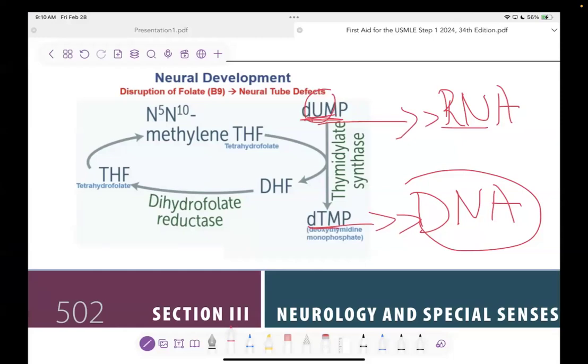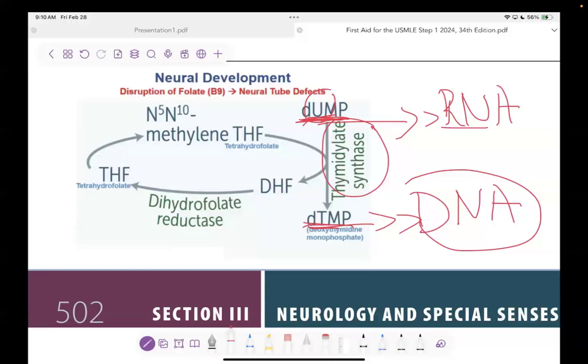I'm not teaching biochemistry here, but just telling a small and very important difference. Uracil is lacking a methyl group and thymidine has the methyl group. So this enzyme, which is called thymidylate synthase, is making thymidine. So this enzyme adds a methyl group onto the uracil and changes uracil to thymidine.